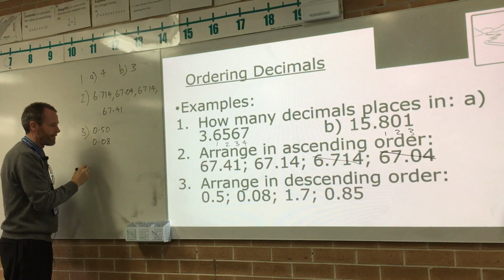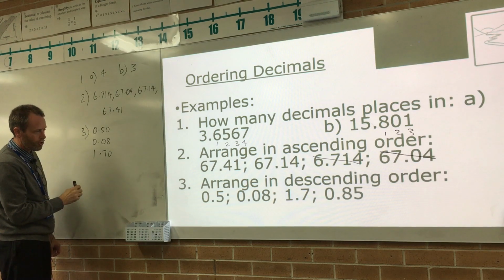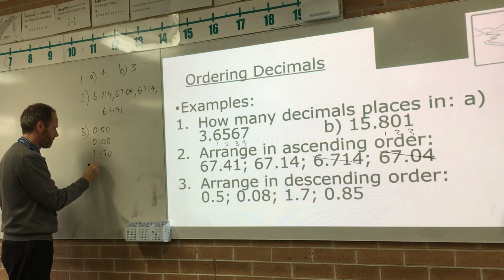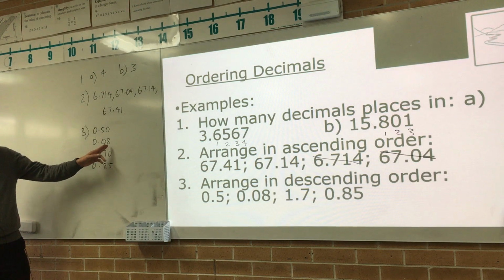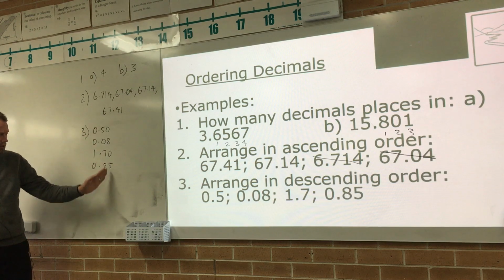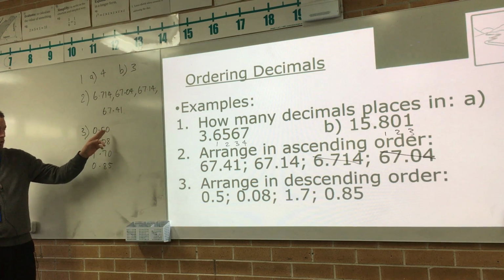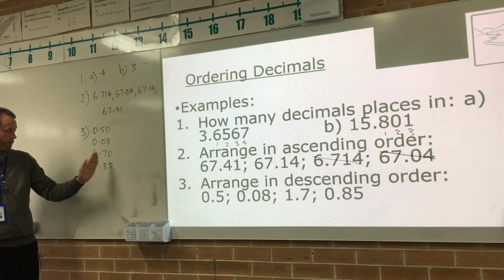And it hopefully makes it really, really clear which is the highest and which then is the lowest. What I have done is I've recognised some of the numbers have 2 decimal places. So to make it look consistent, I've just added a 0. So we've got 2 decimal places for all of them.